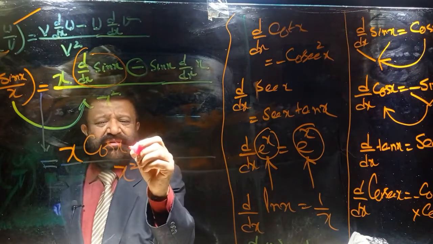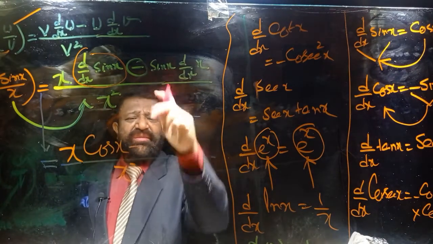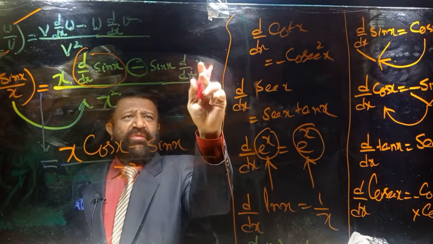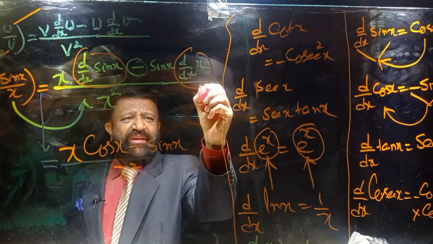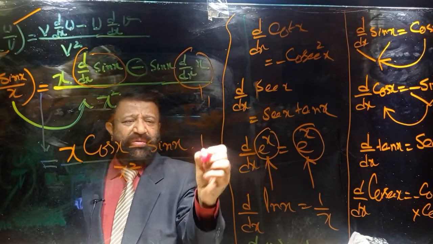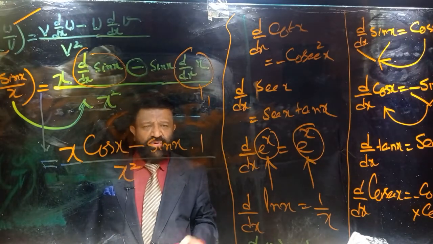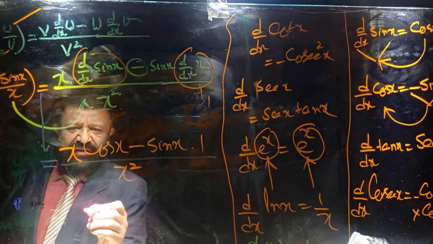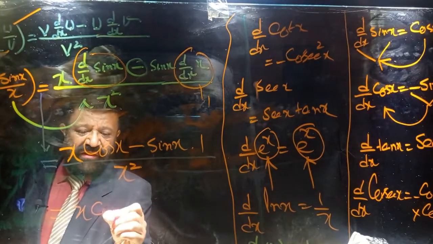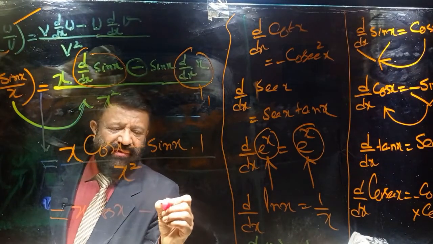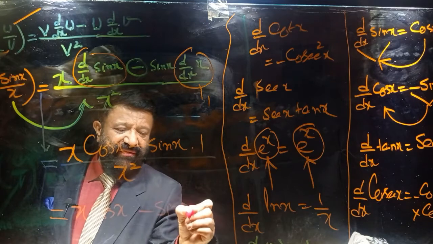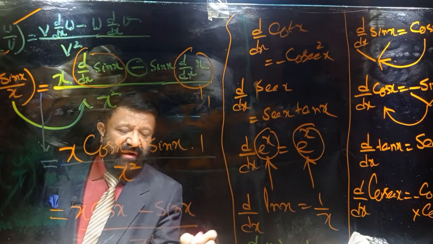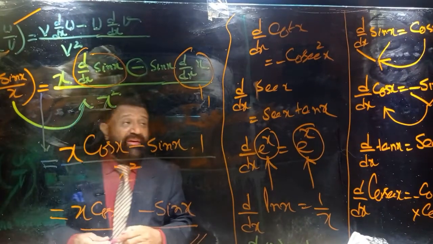Then minus sin x, and the derivative of x is equal to 1. You can go for one step more: that is x cos x minus sin x divided by x square, and your question is ended.